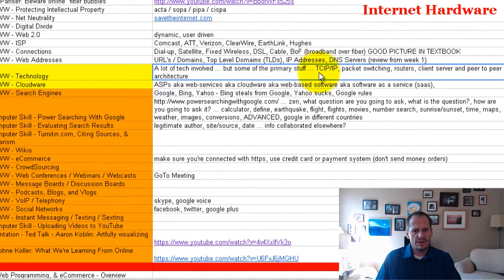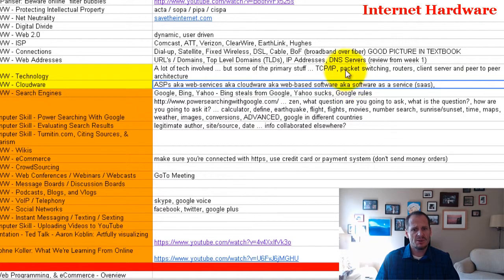So, the technology involved: TCP/IP, protocols. We talked about protocols and rules of communication: HTTP, FTP (file transfer protocol), and TCP/IP, transmission control protocol, internet protocol. Then packet switching. Absolutely, you need to know what packet switching is.